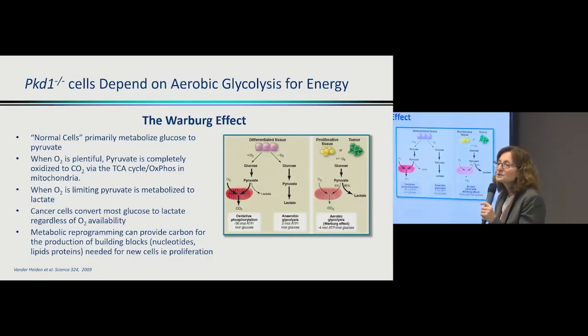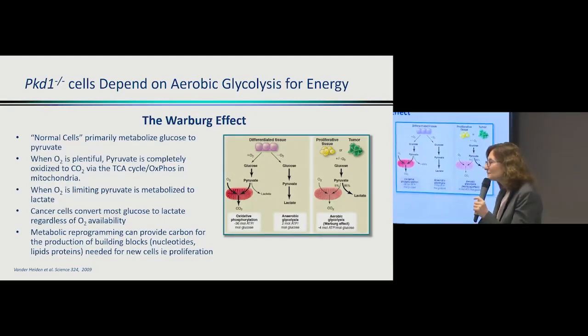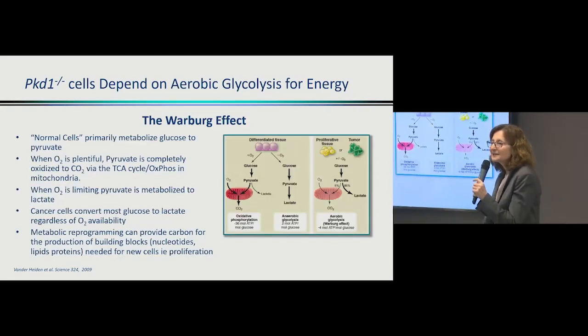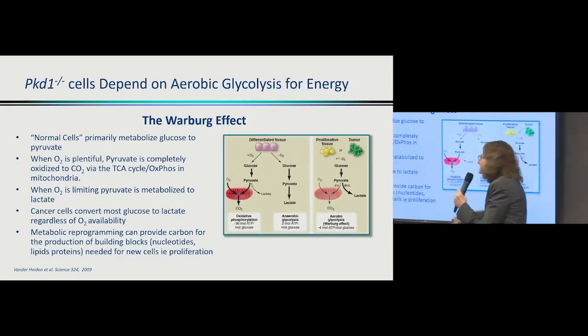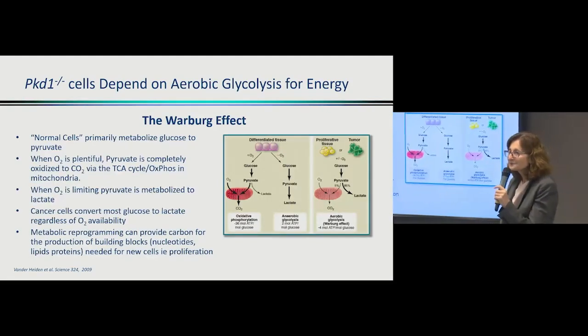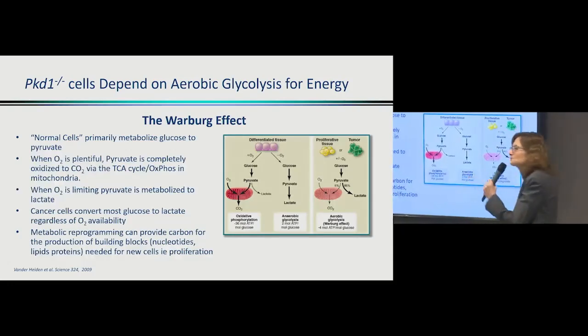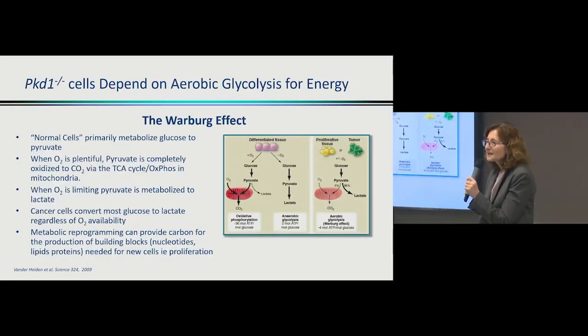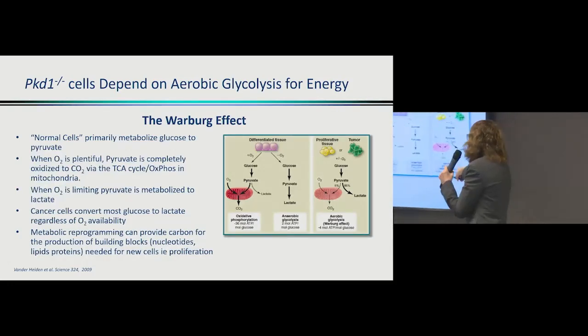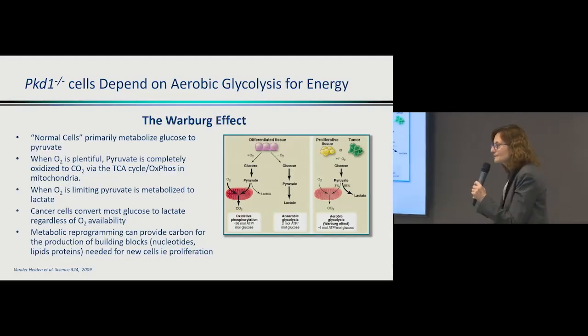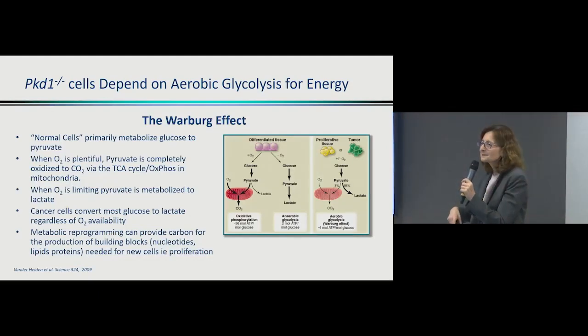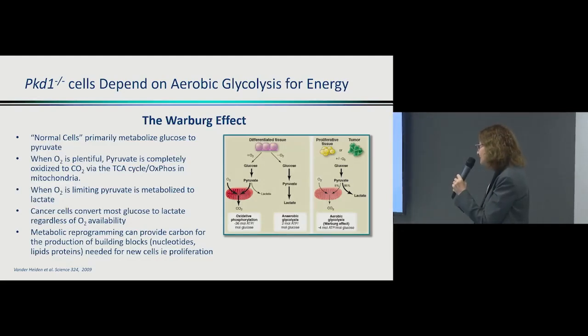You might wonder why a cancer cell would even do that, because you need all of this ATP, and the other way you get 36 molecules of ATP, whereas this way you only get 2. So why would you want to do that? The reason is that this turns out to be anabolic, and there are all kinds of intermediate metabolic products that are used for the cell to grow, and it can happen very quickly.